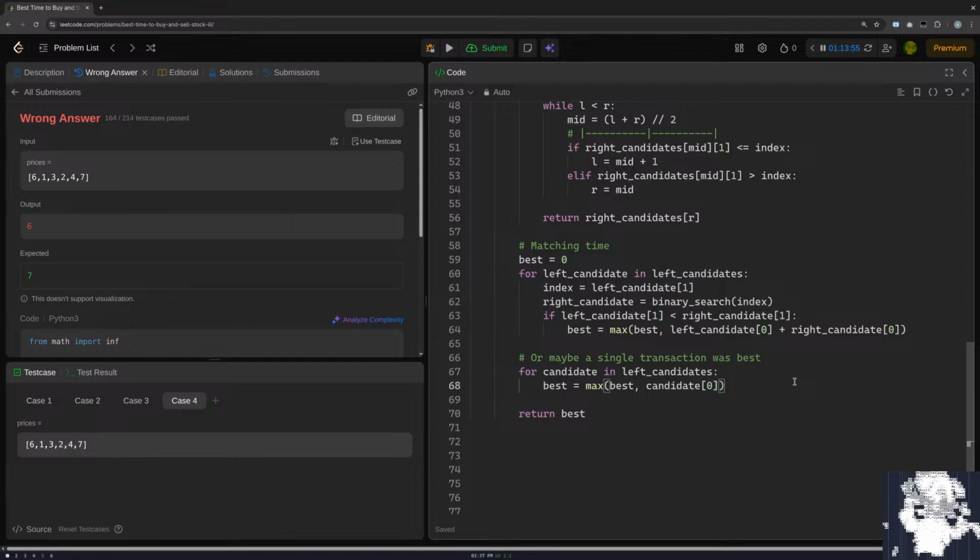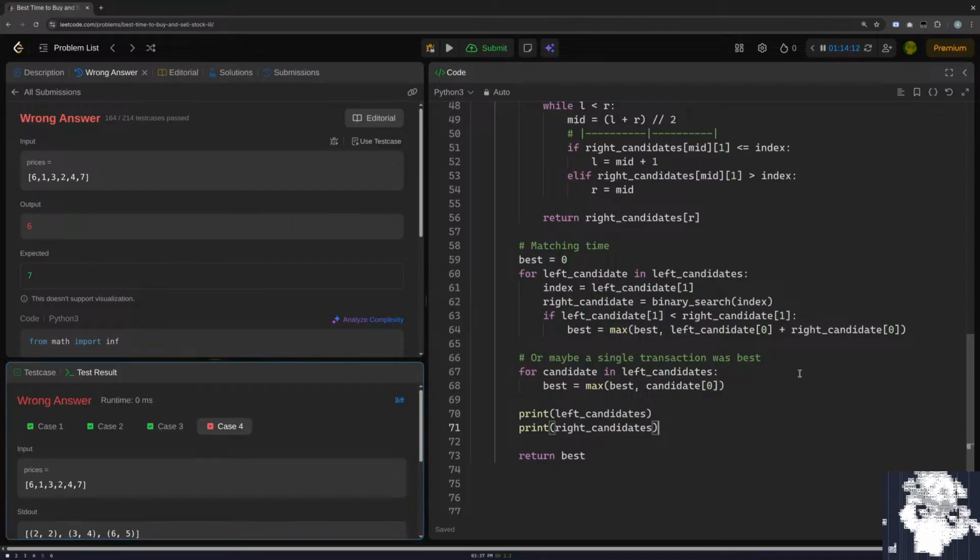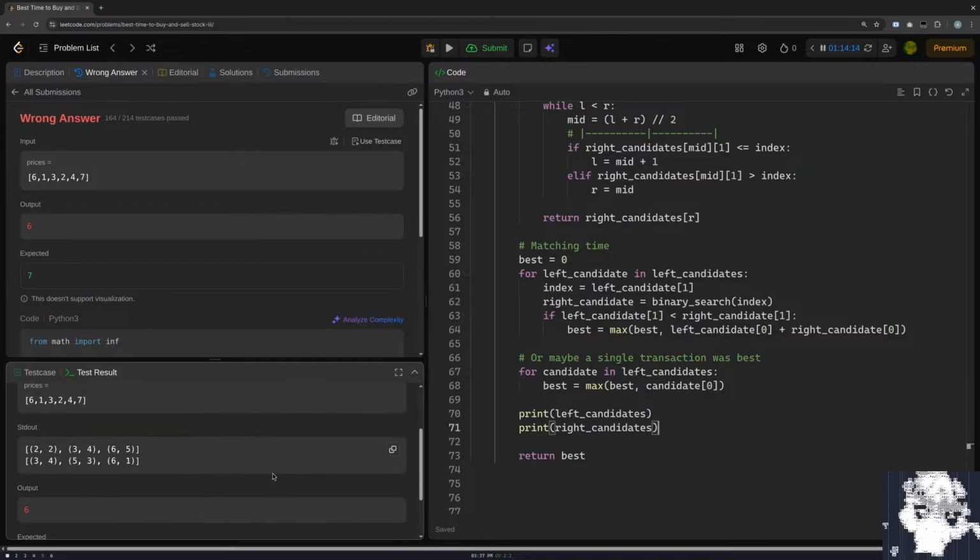So let's, at the end here, print left candidates and right candidates. What did we end up with?